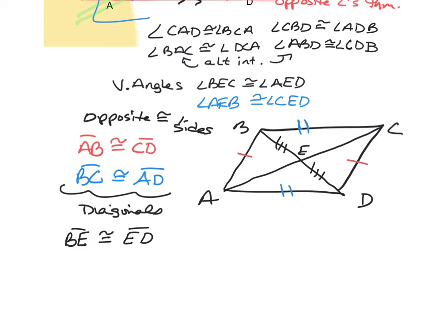And then AE is congruent to EC. So a lot of congruent parts here because they drew in the diagonals and because they told me this was a parallelogram.